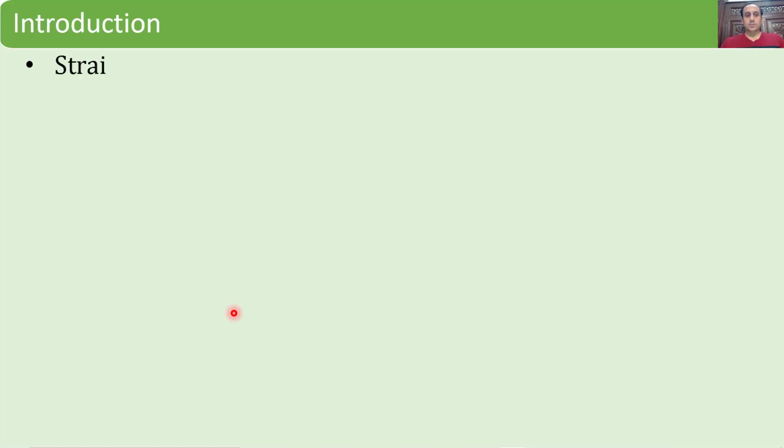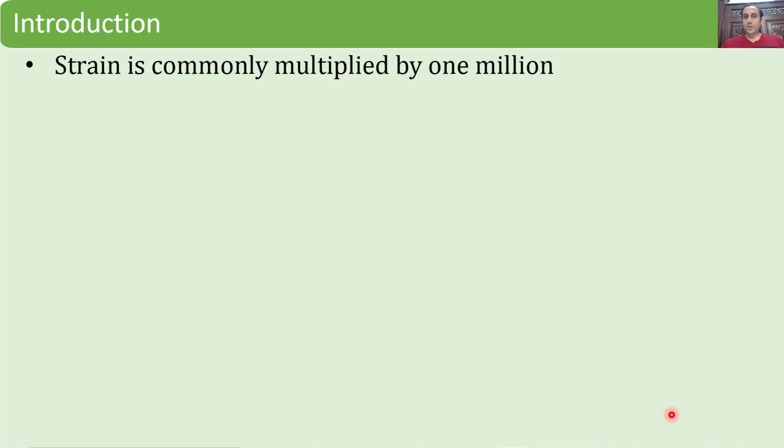The strain is commonly multiplied by 1 million because the strain is not that large. We generally get the strain in fractions. So we multiply it with a factor of 1 million so that we can easily use the value of strain in our calculations.